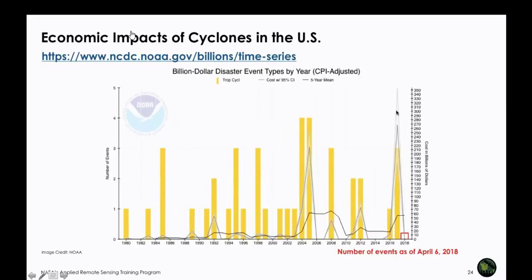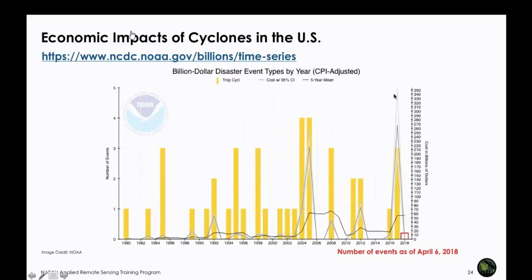The gray lines here are the 5-year mean, the yellow are tropical cyclone numbers, and the lighter gray is the cost. This is actually the 5-year mean, and these are the storms.